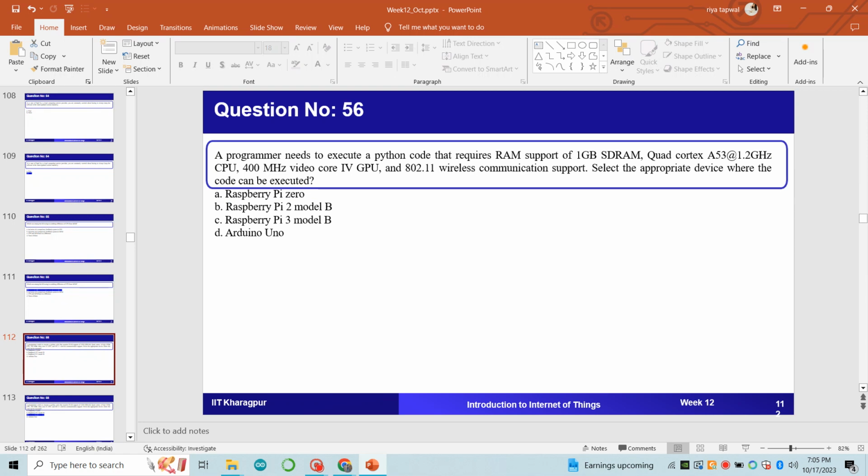Select the appropriate device where the code can be executed. Options are Raspberry Pi 0, Raspberry Pi 2 Model B, Raspberry Pi 3 Model B, Arduino. It's option C, that is Raspberry Pi 3 Model B is the appropriate device.